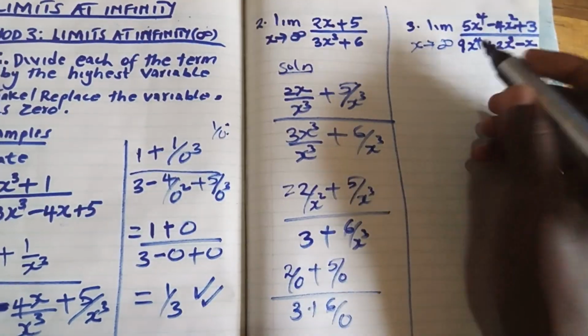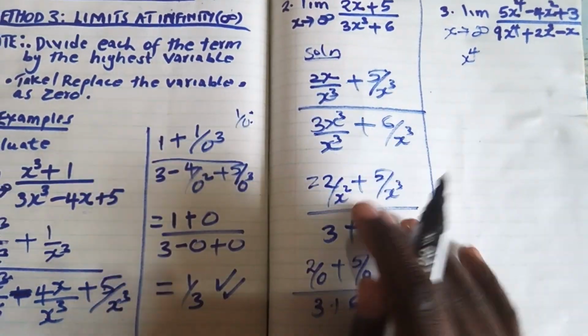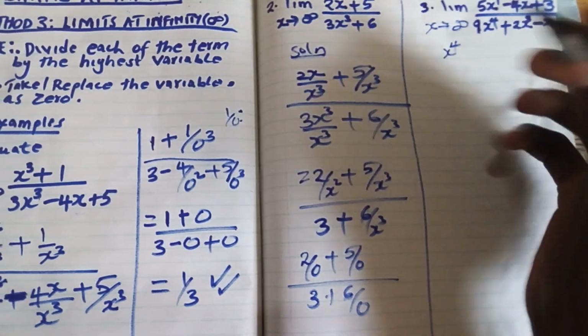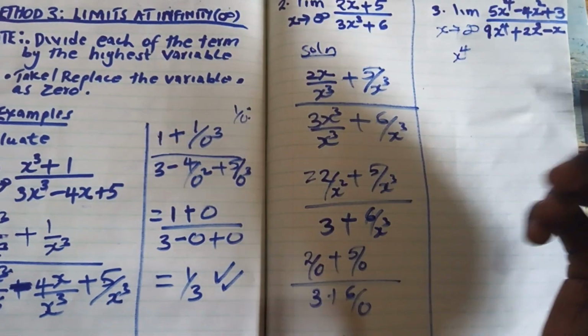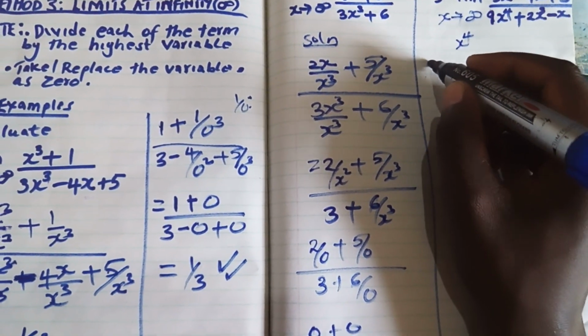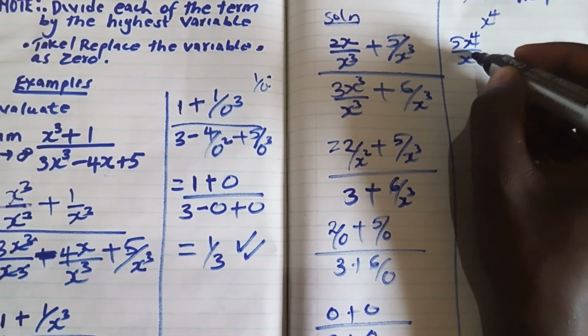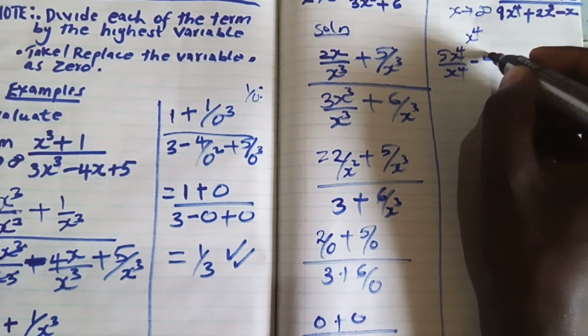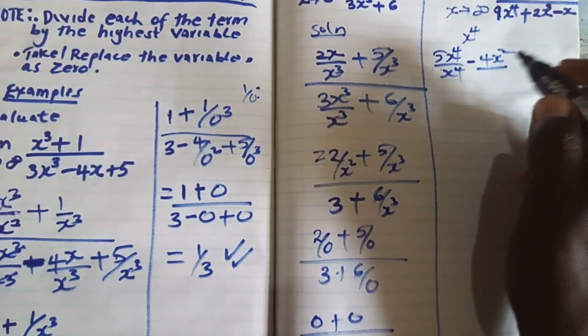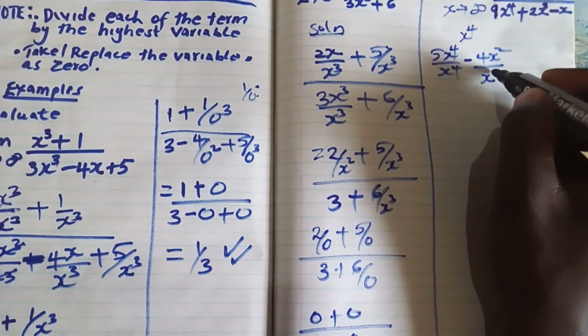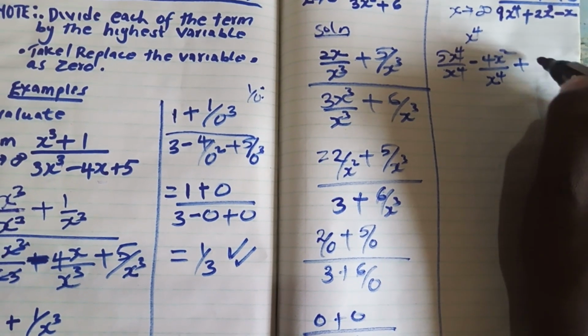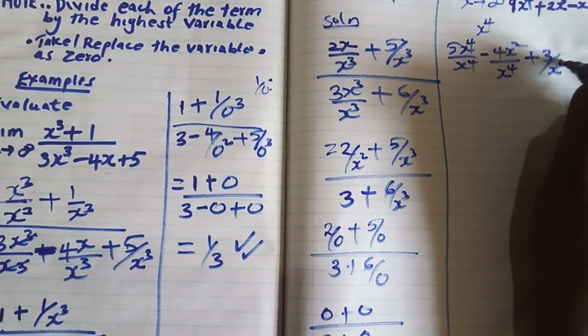Our highest variable here is x raised to power 4. So we evaluate by saying divide both sides by the highest variable. We will have 5x raised to power 4 divided by x power 4, minus 4x squared out of x power 4, plus 3 out of x raised to power 4.